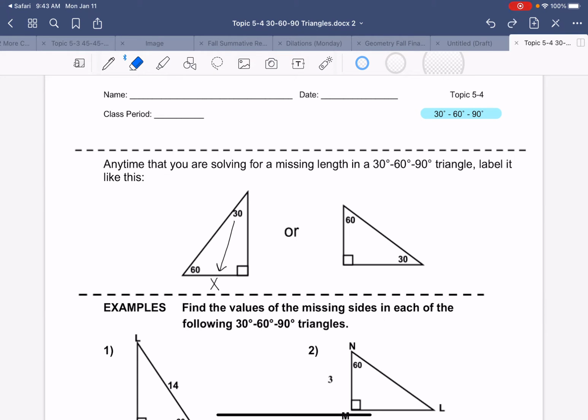The side length across from the 60-degree angle would be whatever x is times the square root of 3. And the hypotenuse has a value of 2 times x.